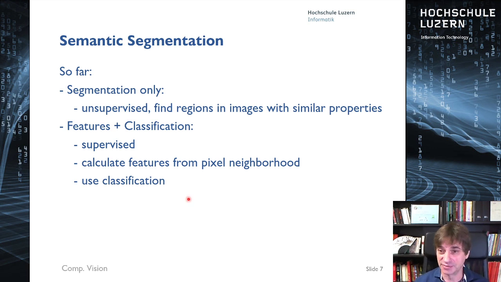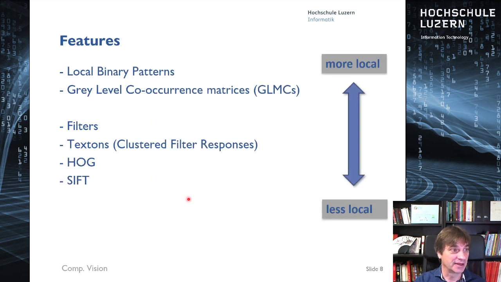That could be, for example, a support vector machine, but also other classifiers. We've looked at different features, so there were some rather low-level features which are good for texture segmentation, like local binary patterns or those gray-level co-occurrence matrices.